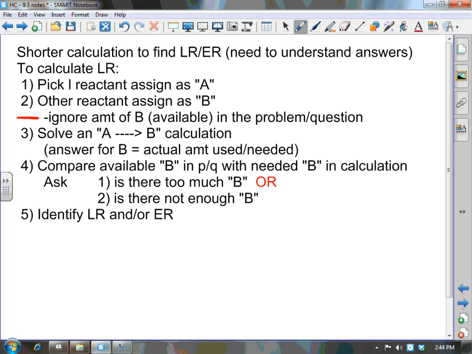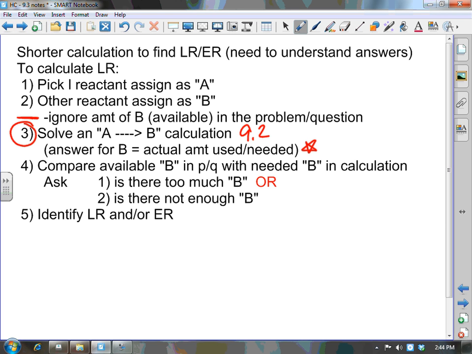And you're going to do an A to B problem, just like you would in section 9.2. Now in section 9.2, you do an A to B problem, mass to mass, whatever. Here's where a confusing piece comes in. We're not doing a new calculation, but here's what's confusing. Your answer is the actual amount of B that's used or needed.